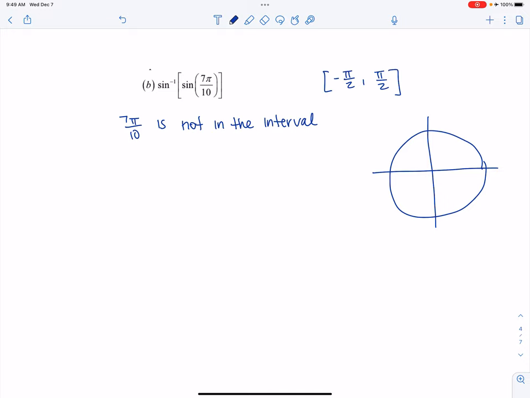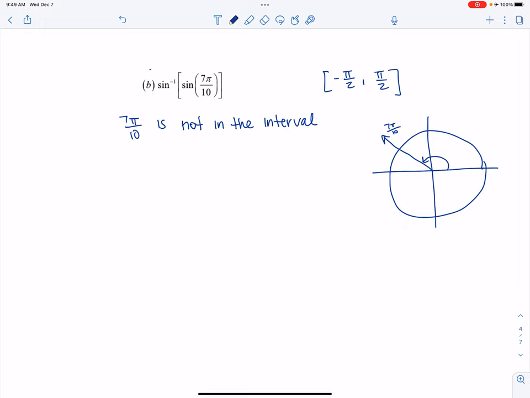So if we look at the unit circle, for example, and we find 7 pi over 10, it's somewhere about here. As always, my unit circle and graphs are not to scale, so please be nice as you look at them. This is 7 pi over 10.